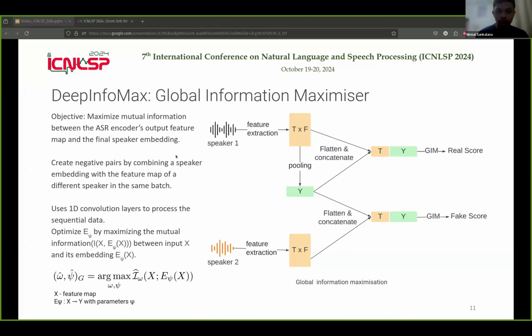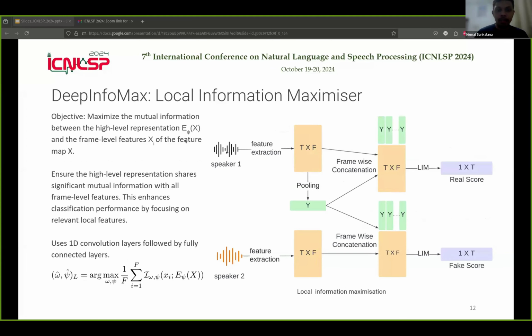We did the same thing in the local information maximizer as well, but one important thing was that here we did frame-wise concatenation.